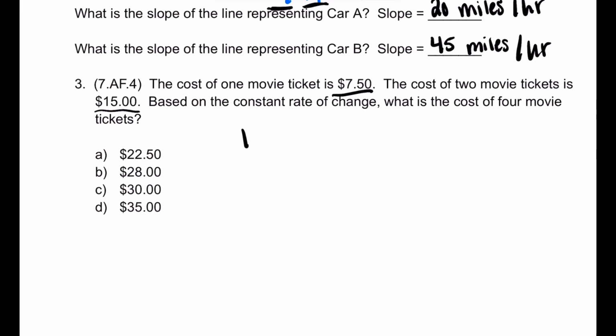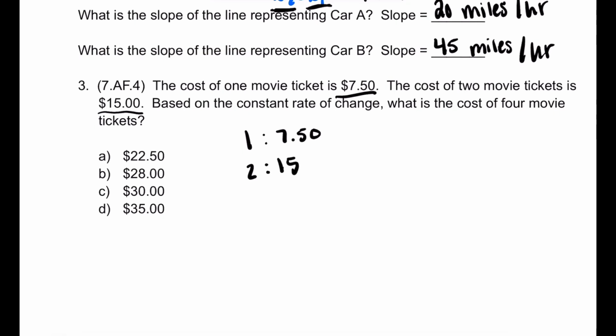So I have 1 movie ticket is a ratio to the $7.50, and then we have 2 movie tickets is a ratio to $15. We can divide both of these, putting them over Y over X, which is essentially what I have here: $7.50 over the 1.